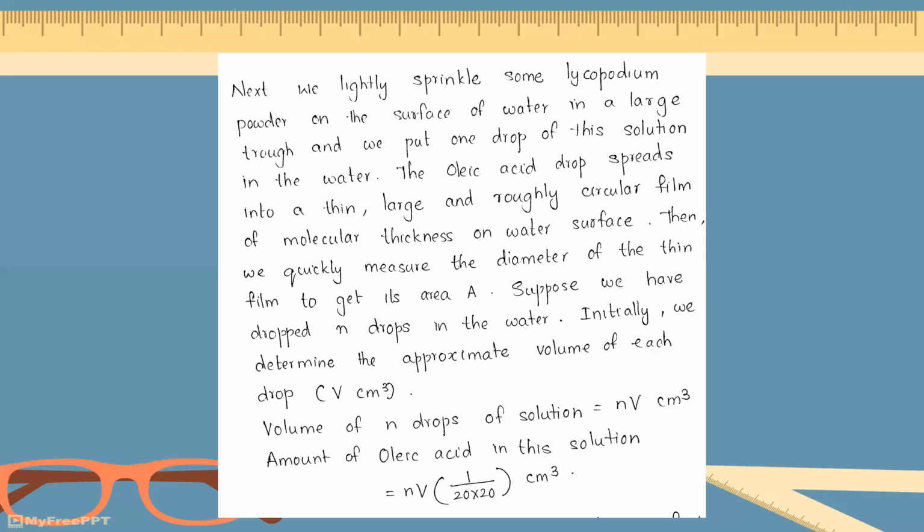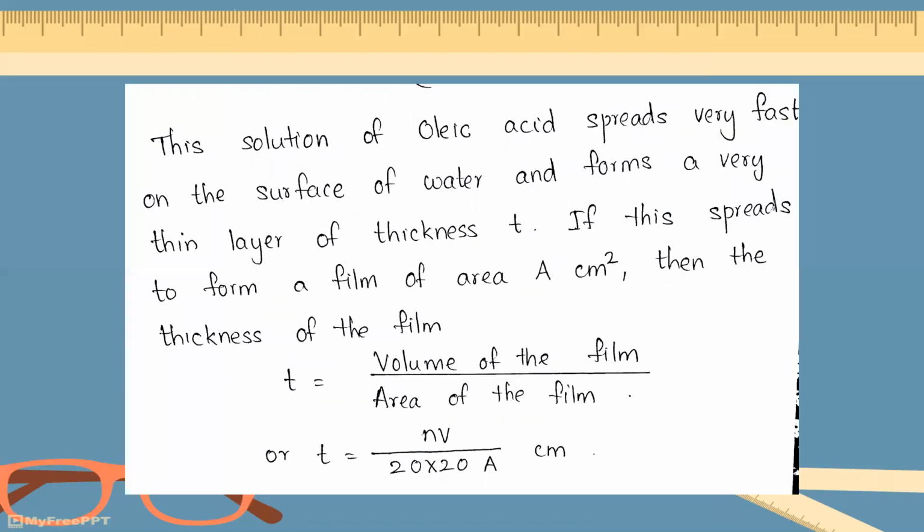Again, we have taken that solution and mixed it with alcohol. That is also 1 is to 20 ratio. Therefore, amount of oleic acid in this particular solution is n into V divided by 20 into 20 centimeter cube.